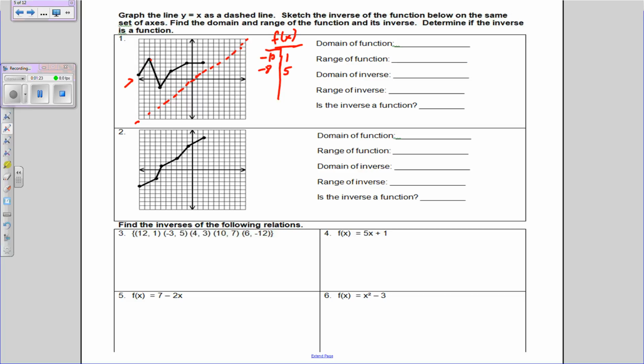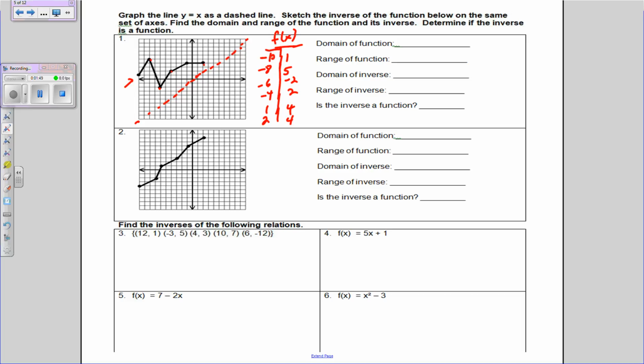The next point is negative 6, negative 2. The next point is negative 4, 2. The next one is 1, 4. And the last ordered pair for this one right here is 2, 4.